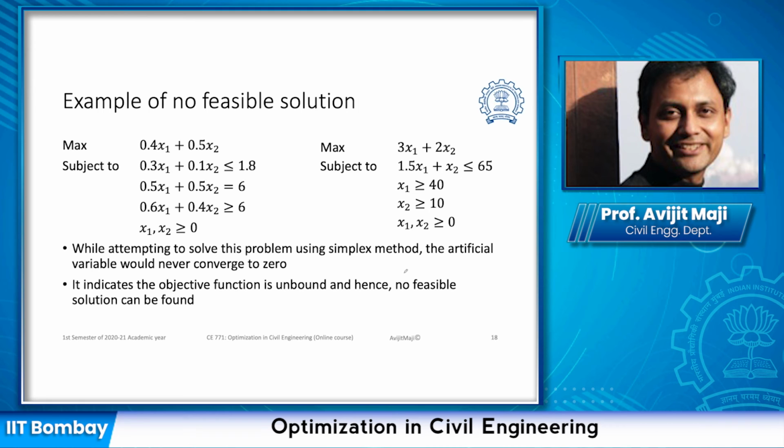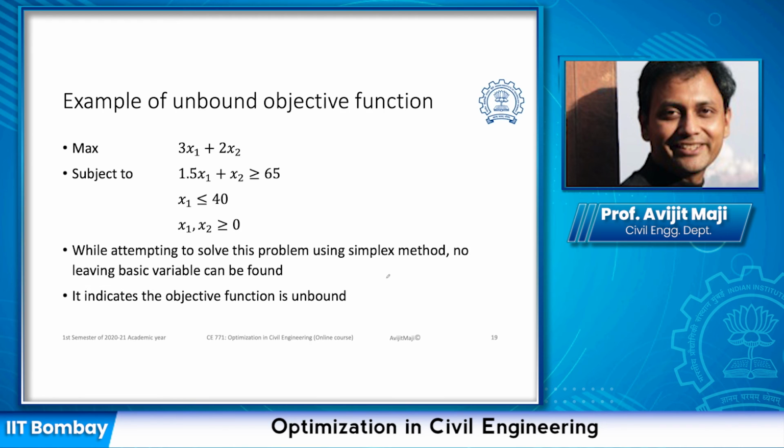As I had indicated in the previous slide, if the artificial variable never converges to 0, we cannot get a solution, and we can say at this point that it has no feasible solution. Here is another example for an unbound objective function. In this case, if you try to solve the problem, you will find that we'll reach a point where there is no leaving basic variable.